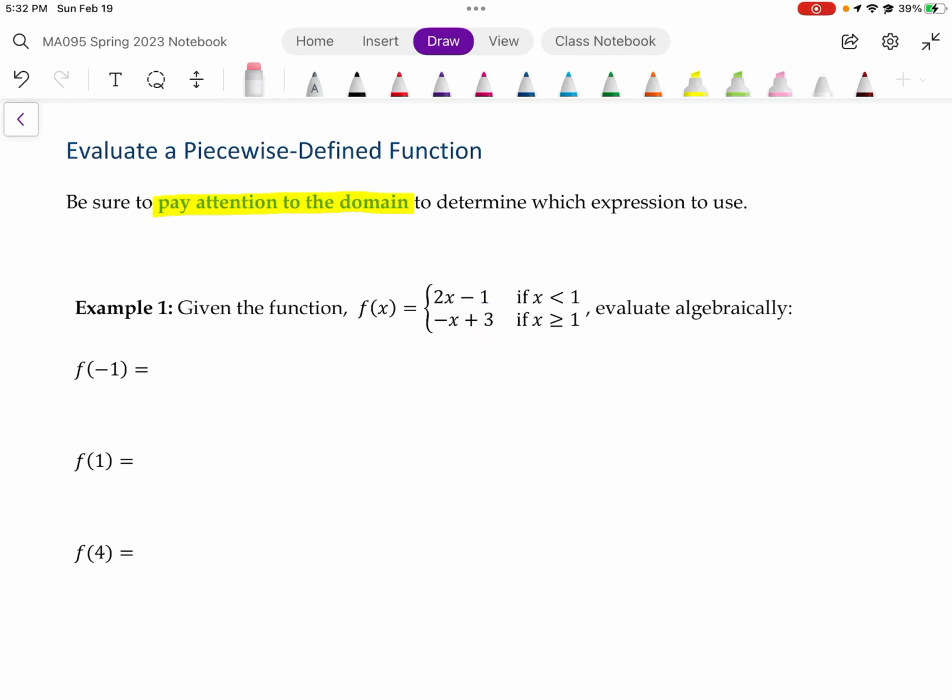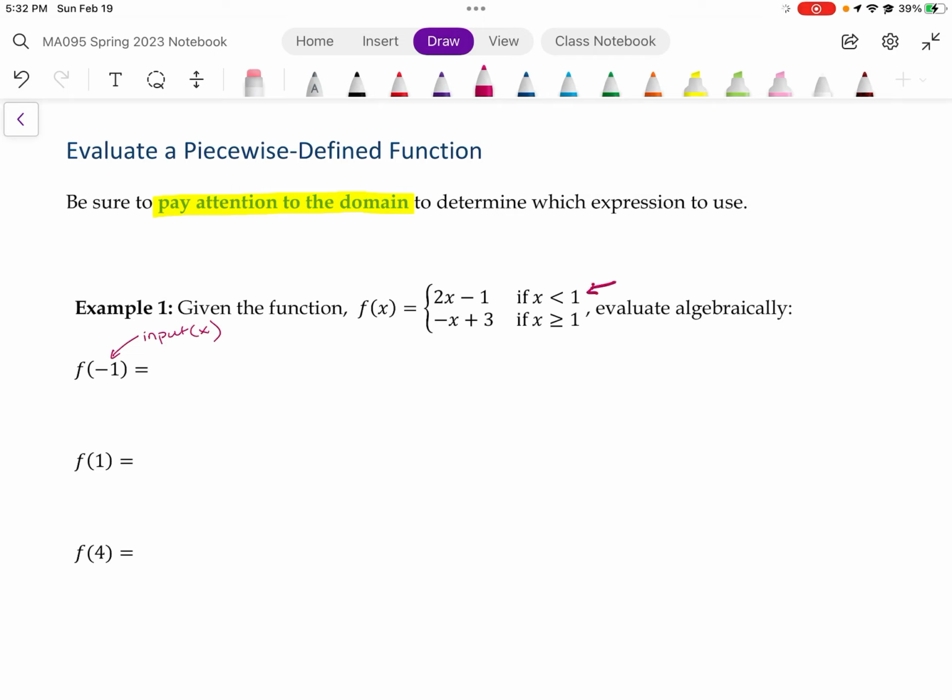All right, so we're going to say, all right, what is f of negative 1? F of negative 1. So we need to go look for where x is less than 1, because that is the input, right? So remember, when we look at f of negative 1, this is the input, which is x. So you need to go look where x is less than 1. X is less than 1 right there.